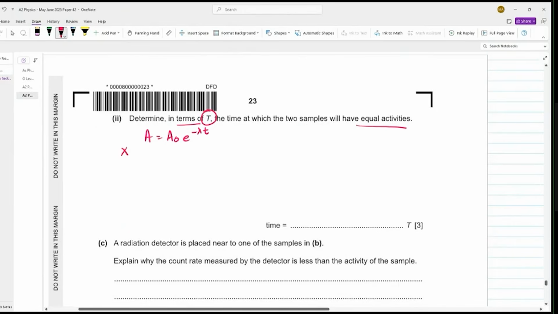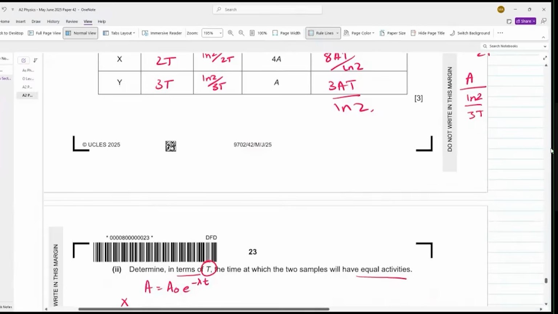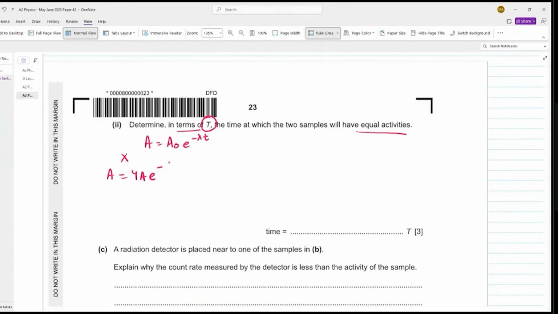Let's first calculate this expression for X. A is equal to 4A e to the power of minus, what is the value of lambda? ln2 divided by 2T, into t. Let's do the same thing for Y. A is equal to A e to the power of minus ln2 divided by 3T into t.